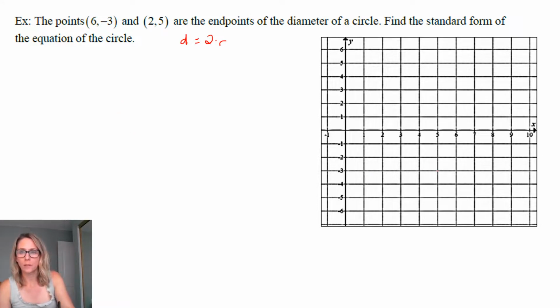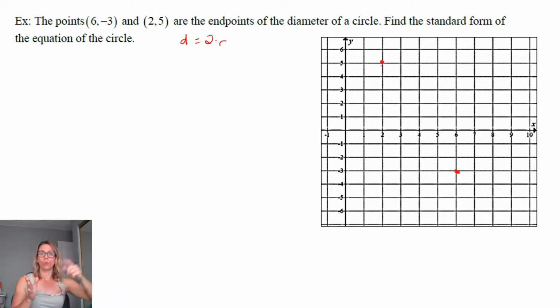So I'm going to put my points on 6, -3. Let me find 6, -3 here. Let me find 2, 5. I'm going to come up here. So we know that those 2 points are on the circle, and more importantly, they are the endpoints of the diameter of a circle, which means that if you go from one point to another point across the circle, you have to go through the center.